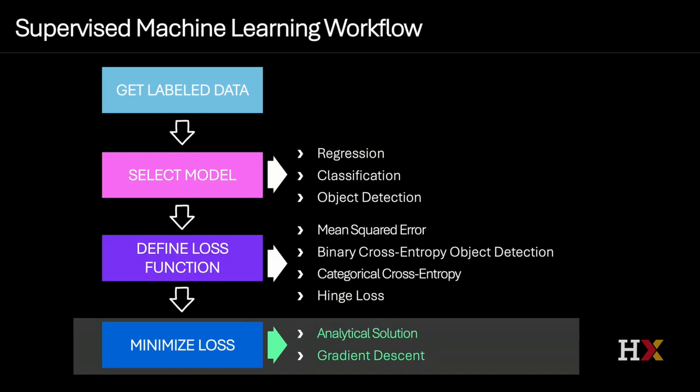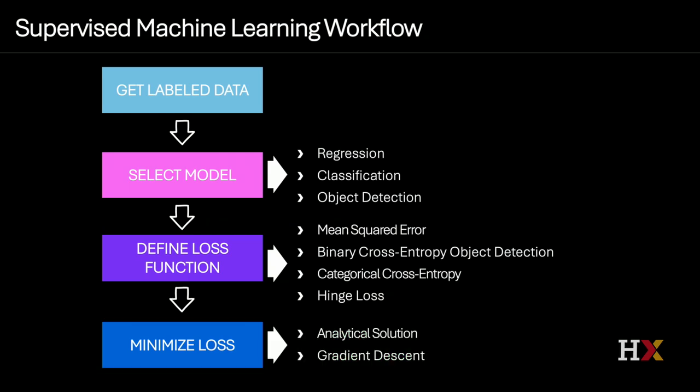The model makes a guess, sees how wrong it was, and updates itself to do better next time. Over time, it makes fewer mistakes, and that's what we mean by learning in machine learning. And with that, you have seen the full workflow. The same pipeline used in everything from simple regression to massive neural networks.